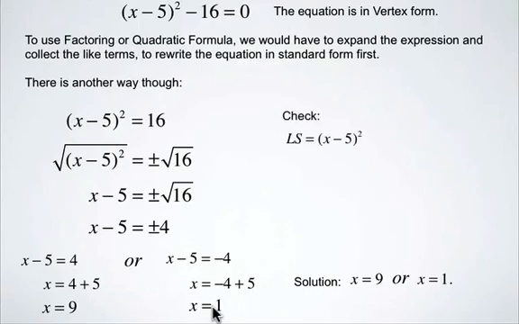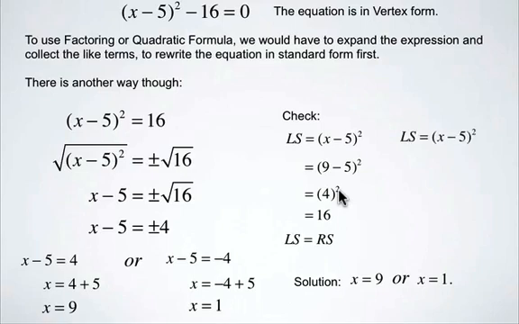We can check it. The left side, x minus 5 squared, is 9 minus 5 squared, which is 4 squared, which is 16. The left side equals the right side. So our solution works.